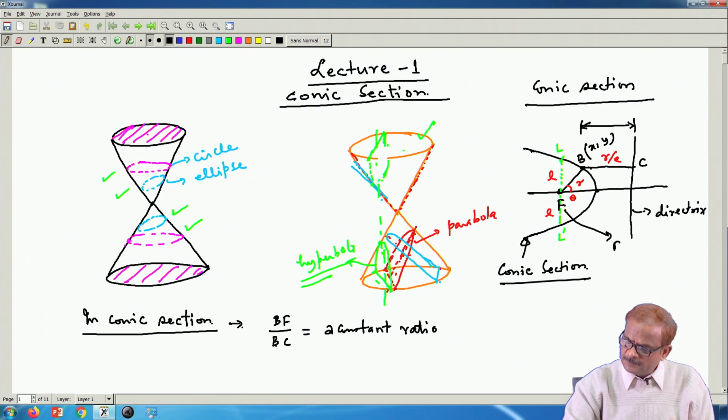This is called the focus. This point, which we will write as P, is called the periapsis.